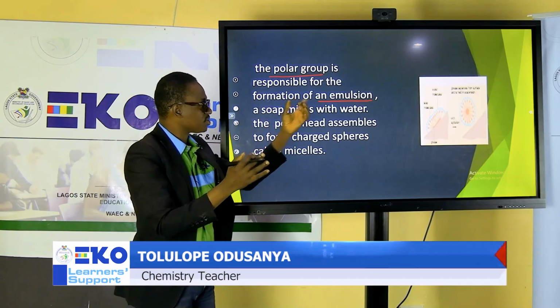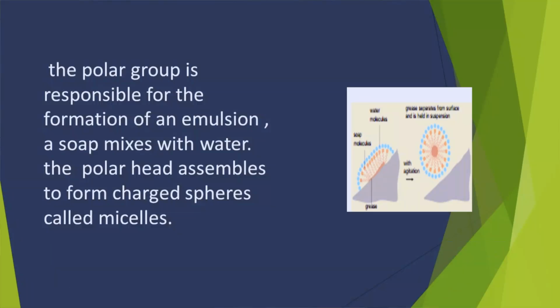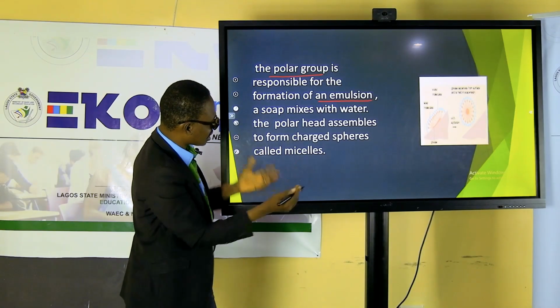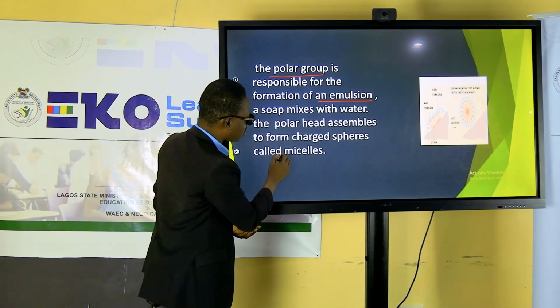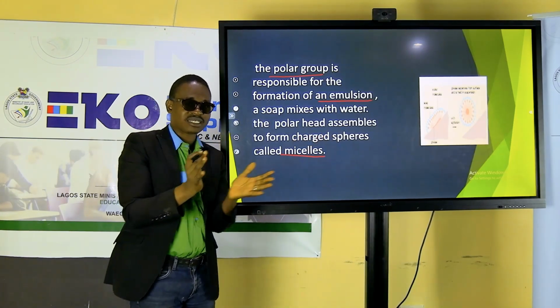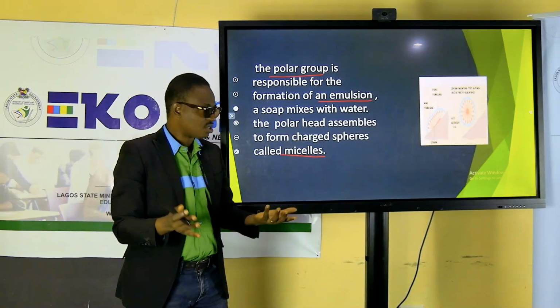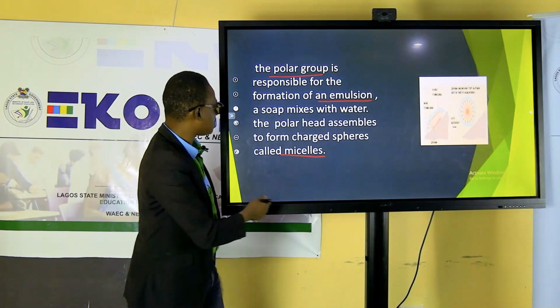So the formation of emulsion in soap action with water is as a result of the polar group. And what is the polar group called? Hydrophilic. Fine. And the soap mixed with water and the polar heads assembled together to form what we call the micelle. The micelle helps in removing the dirt from the surface of the fabric or the plates. Good, as you can see there.